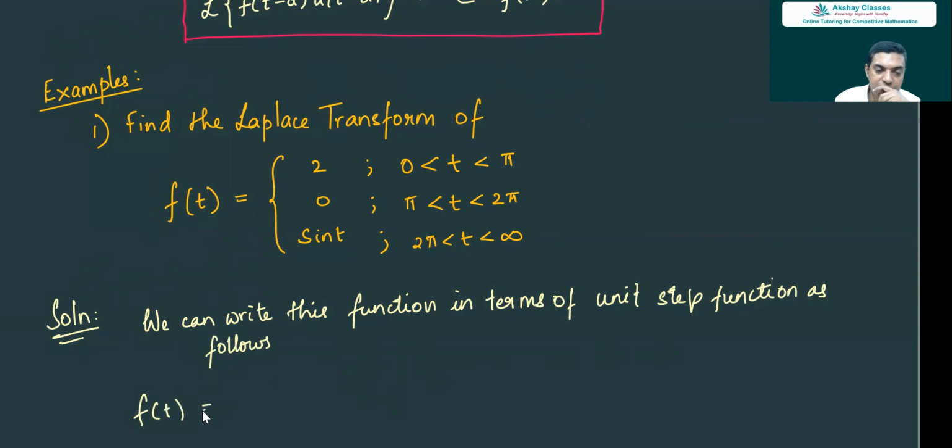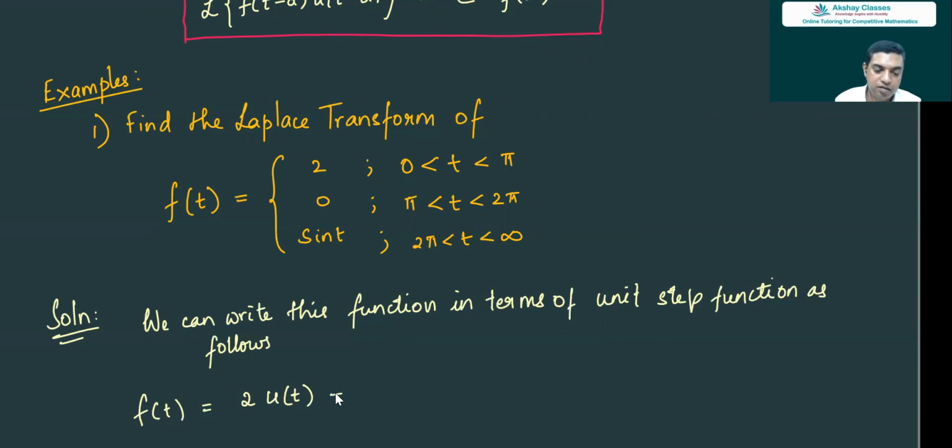So f of t can be written as 2 times unit step function of t minus 0.